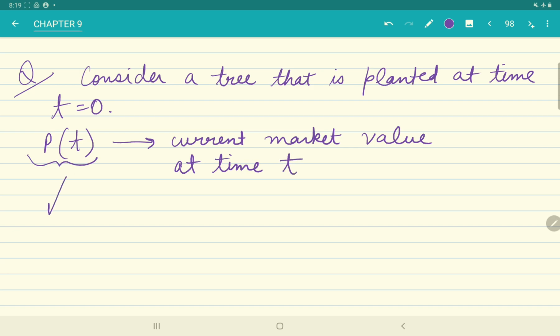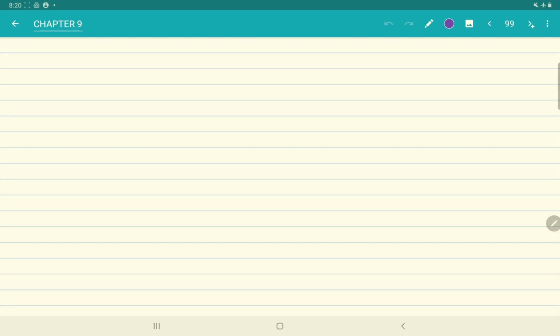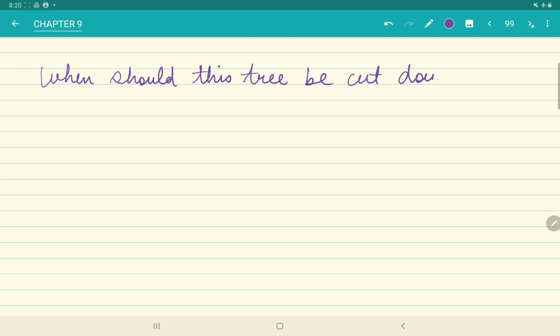This I know is differentiable. The question is, when should this tree be cut down in order to maximize its present discounted value?